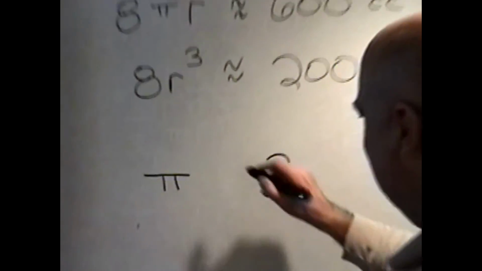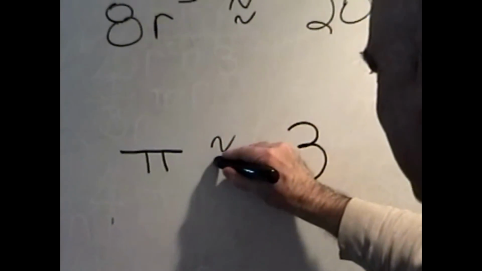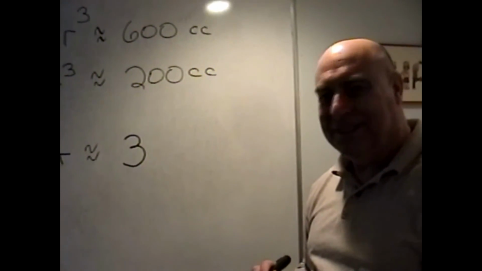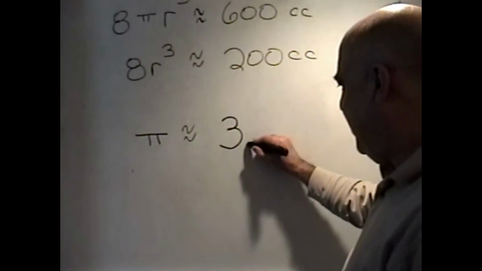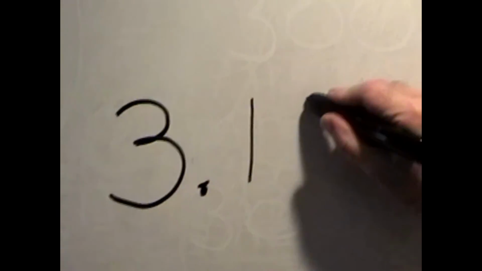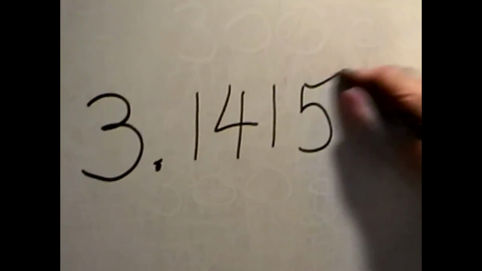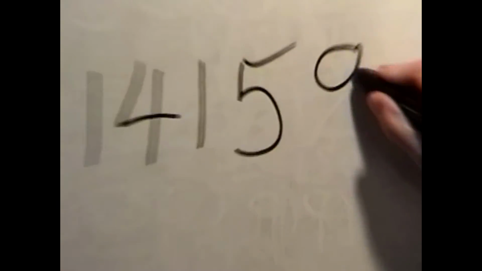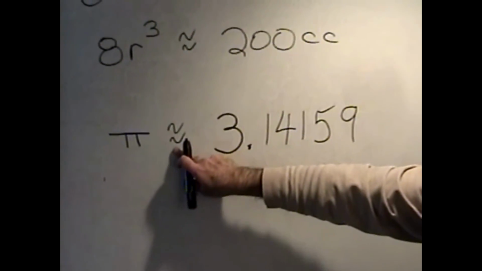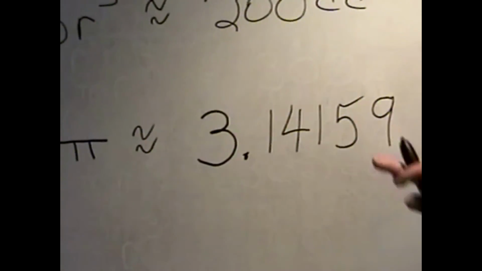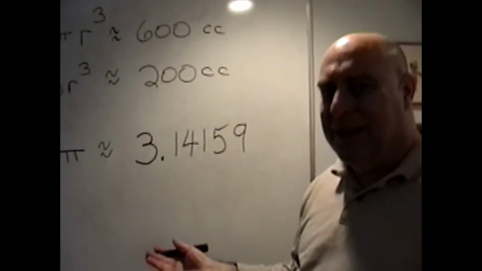And pi was very approximately equal to 3, or if you wanted to be more precise, 3.14159. But we need to leave this as a squiggly thing rather than an equal sign, because even 3.14159 is simply an approximation.